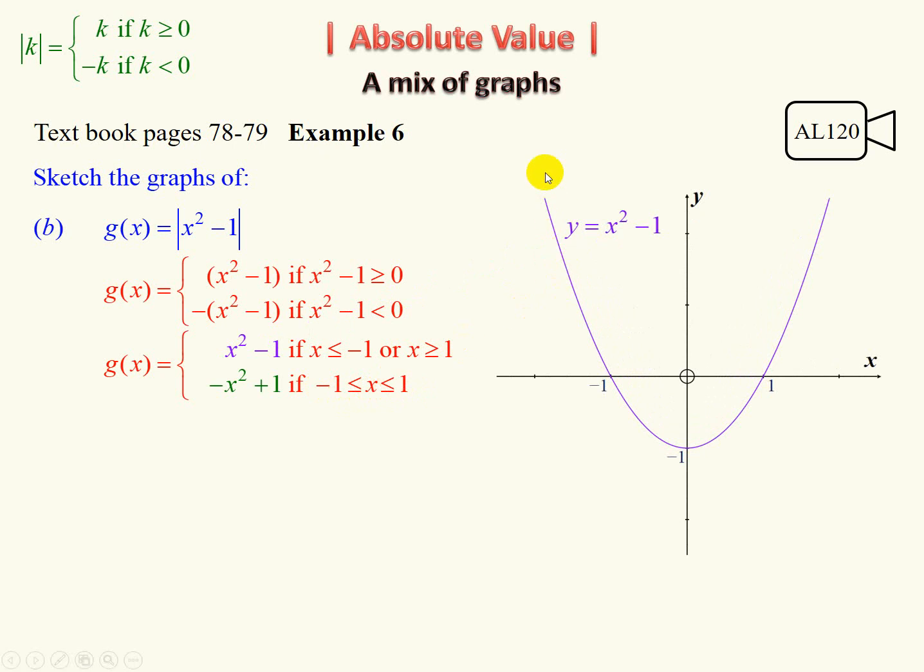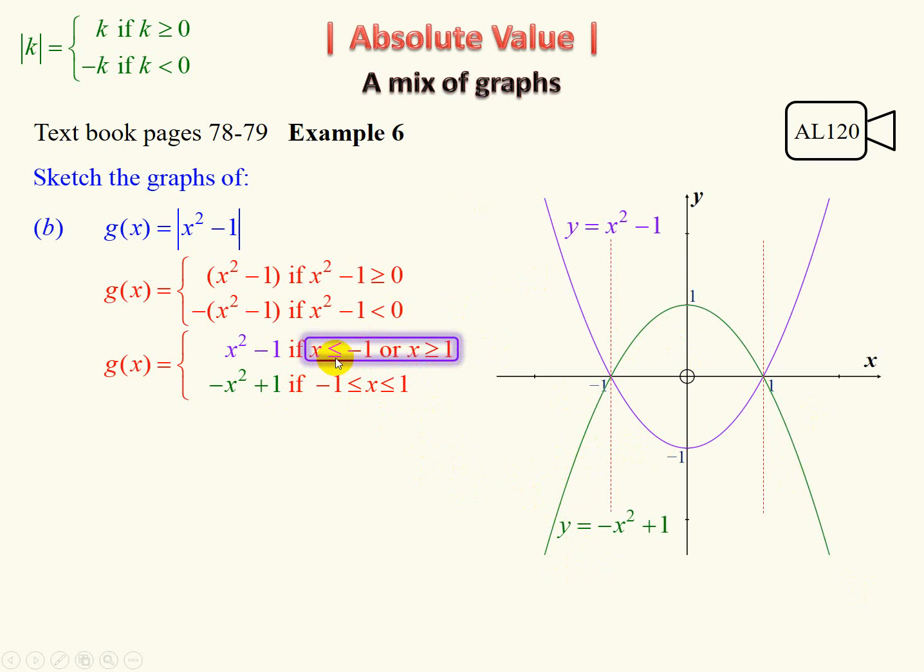So there's the graph of y equals x squared minus 1. Pretty straightforward parabola. And there's the graph of y equals negative x squared plus 1. Notice coded by the colors, so you can see which is which.